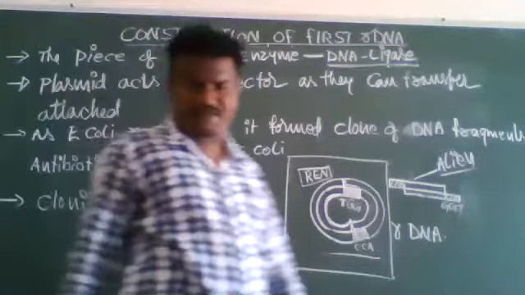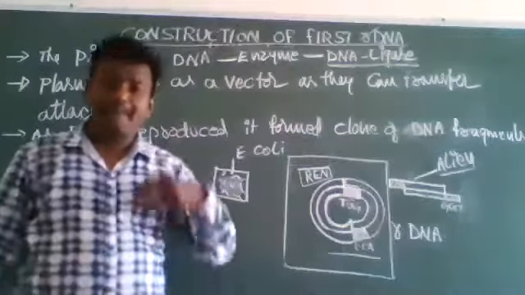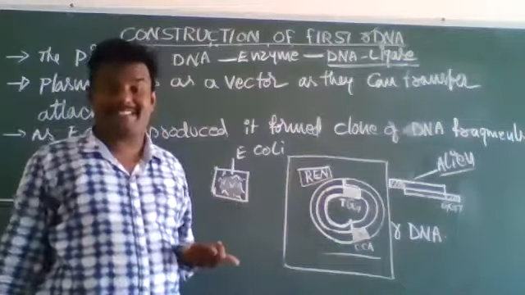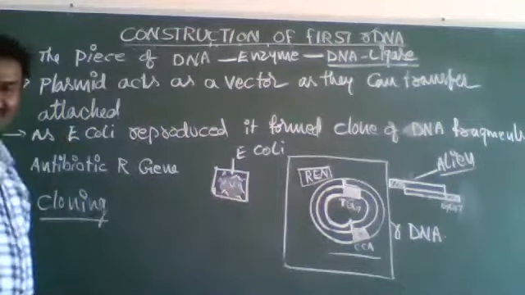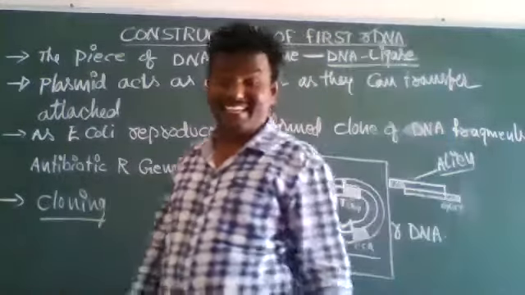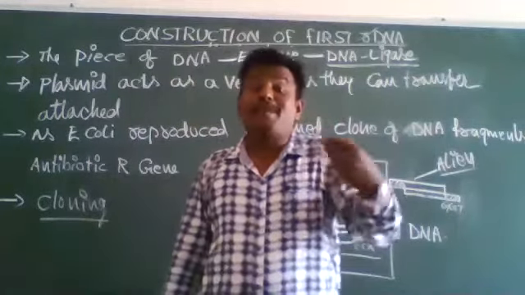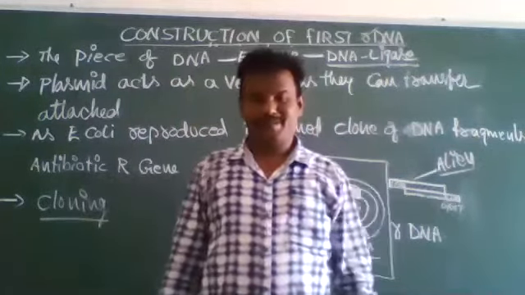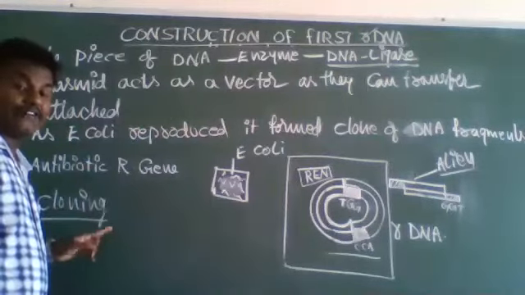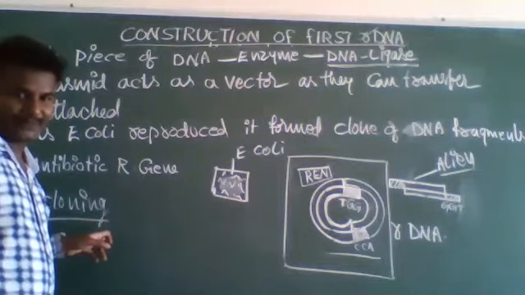On that day, in the 6th chapter also, it says cloning of DNA. In the methodologies, I said cloning. Cloning means what? Same copies production. So the process of production of multiple copies of desired DNA or antibiotic resistant gene is called cloning.